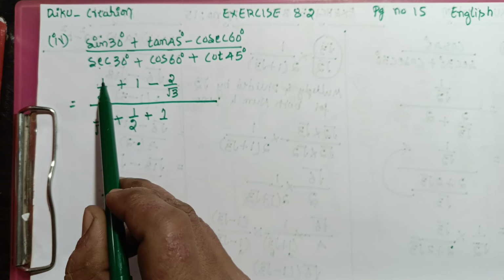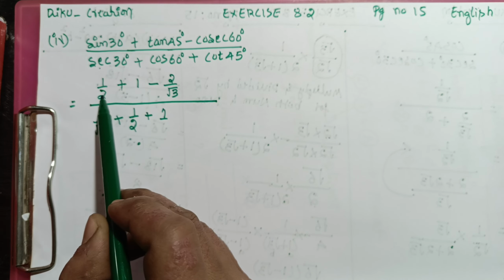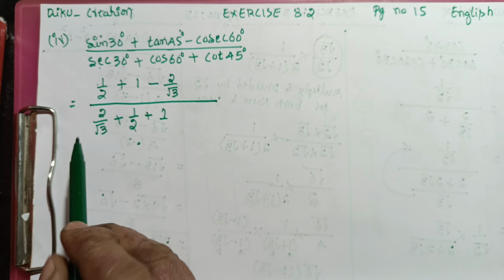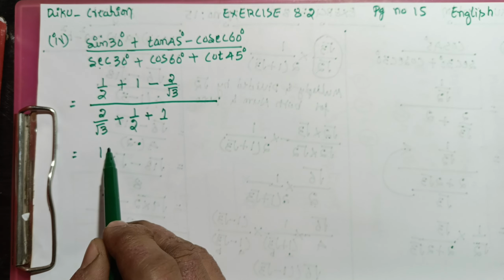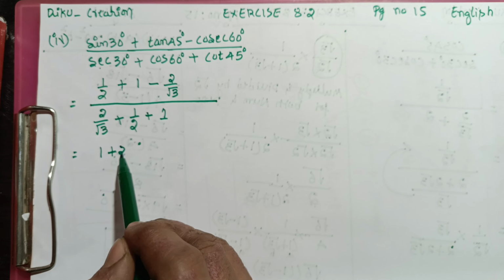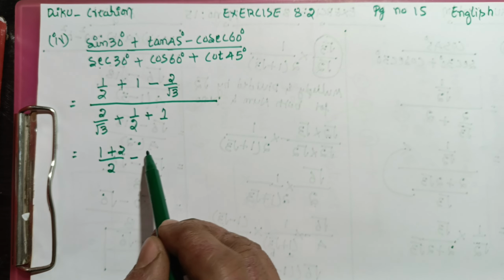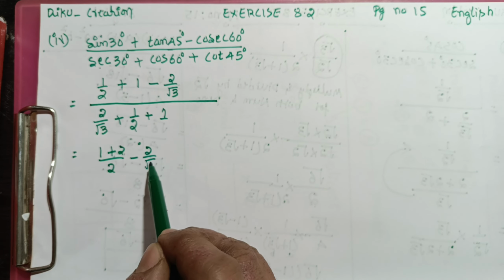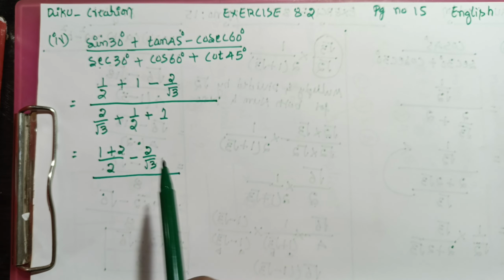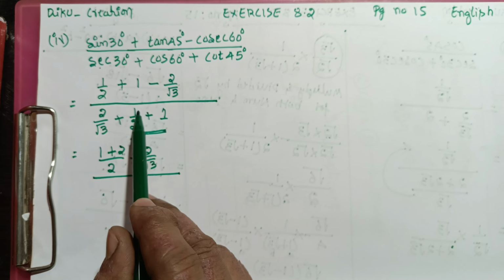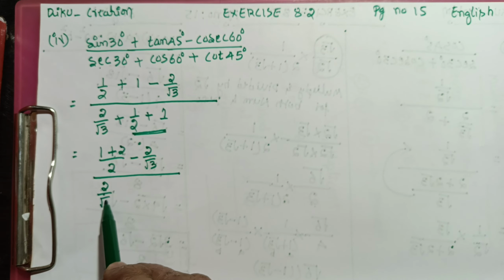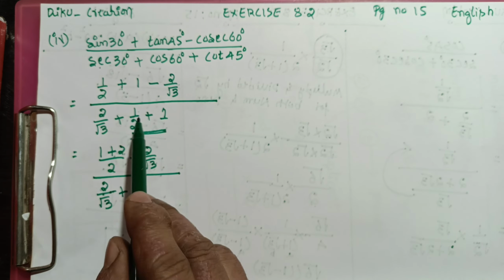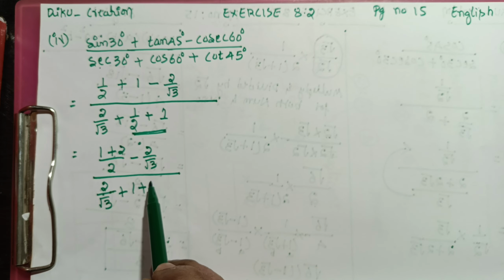See, look at this 1 by 2 plus 1. Here I can easily take the LCM and simplify this 1 by 2 plus 1. So 1 plus 2 by 2 minus 2 by root 3 whole divided by, here also this 1 by 2 plus 1. This number I will write as it is, 2 by root 3, plus 1 plus 2 by 2.